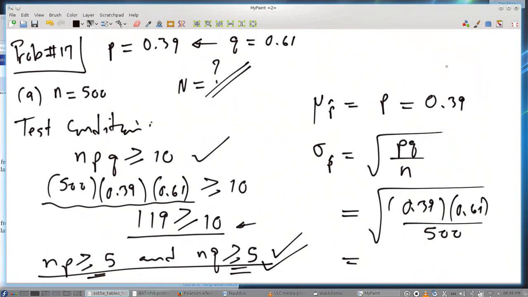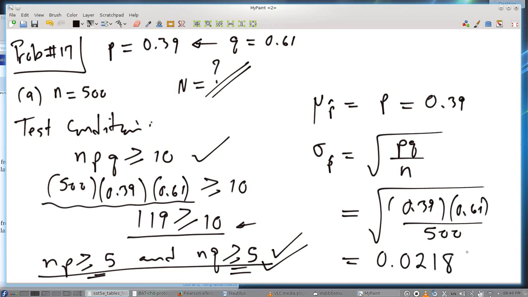In fact, the more significant figures you carry, the more accurate the approximation you obtain, so that's why I want to maintain it as much as possible. So we have 0.0218.